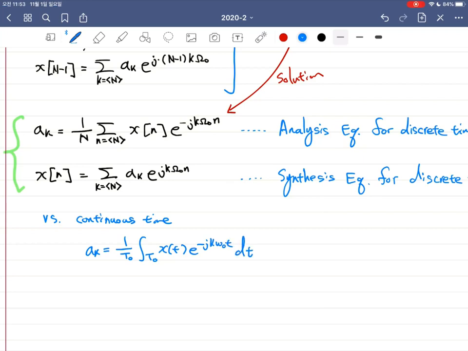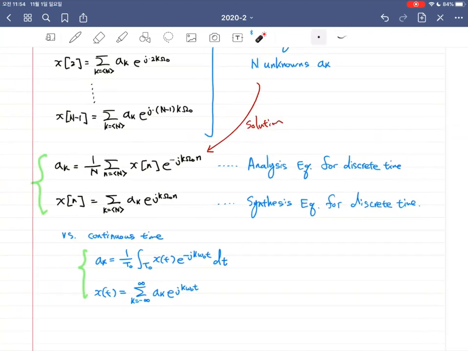Integral dt. And we had this x(t) as the summation from minus infinity to plus infinity of a_k times e to the jk omega t.